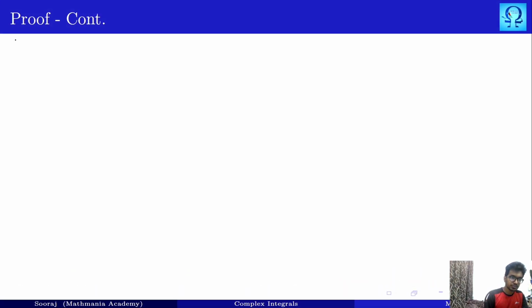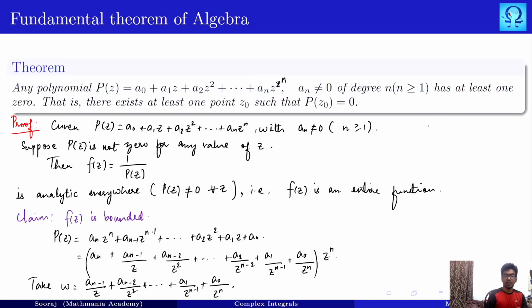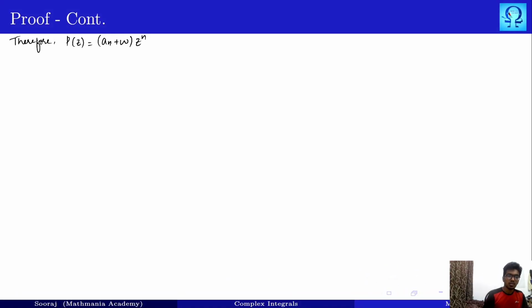Therefore, your p of z is an plus w multiplied with z to the power n. That we can verify here. So we have left the first quantity and we have taken everything else into w. So an plus w multiplied with z to the power n is the polynomial function p of z.